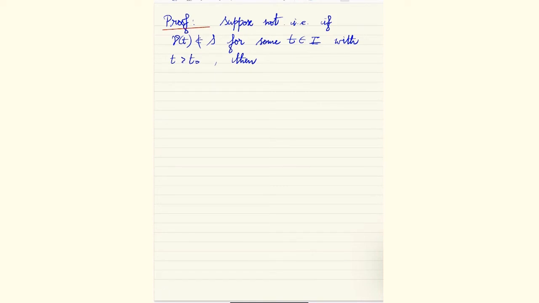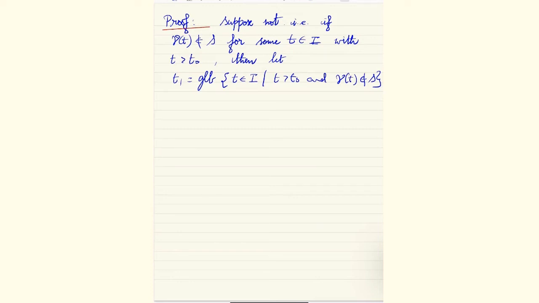So then let t1 be the, okay, maybe I'll write it as greatest lower bound. It's helpful to write it down like that because we will use the definition of what it means for something to be the greatest lower bound. So of the set, so the set is gamma t is not in S. So this is non-empty by our assumption and bounded below by the very nature, right? So everything is greater than t naught.